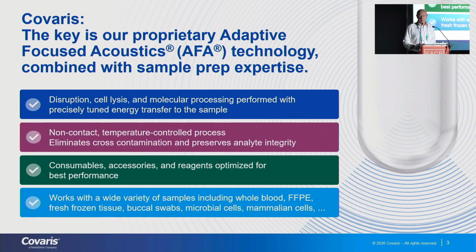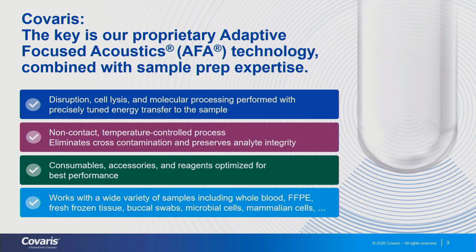And it's a non-contact isothermal process which eliminates any cross-contamination and it preserves the analyte integrity as well. And for this we have the consumables, accessories and reagents that are optimized for the application of interest. And we can say that you can work with more or less any kind of sample types and with any kind of biological molecule.